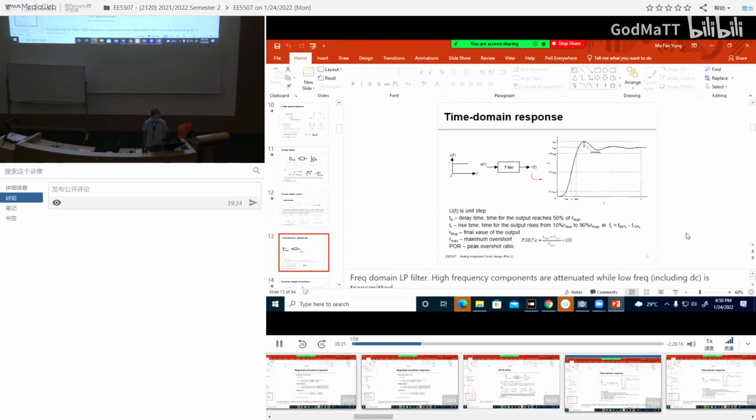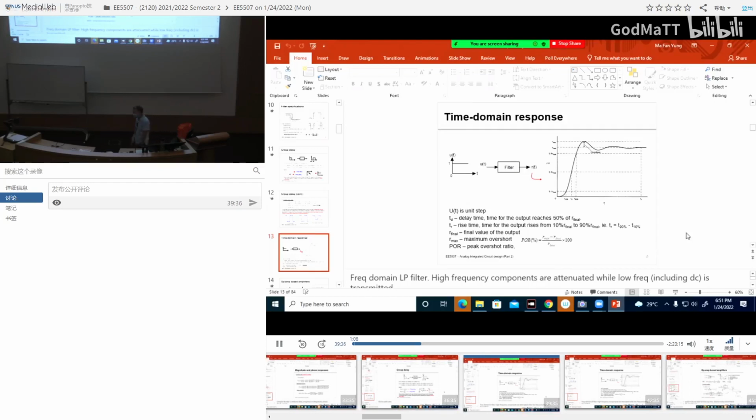Okay, so here instead of the Laplace domain, we talk about the time domain. So if you think about, let's say at the input, if I put in a unit step, u(t) is a unit step, it is 0 and then it goes up to 1.